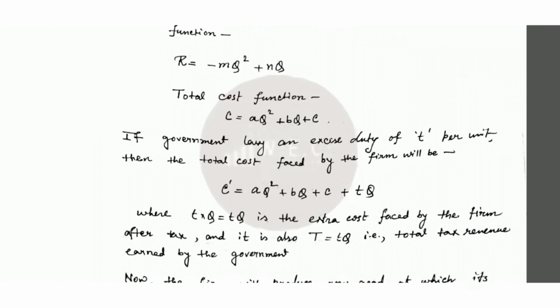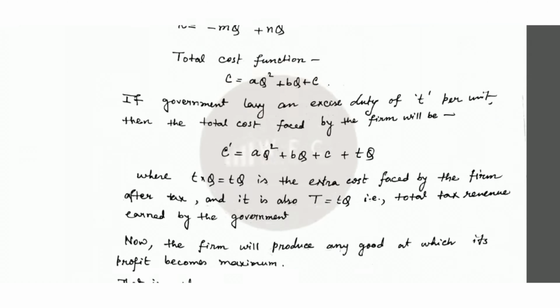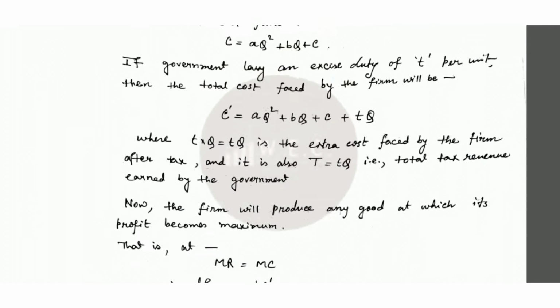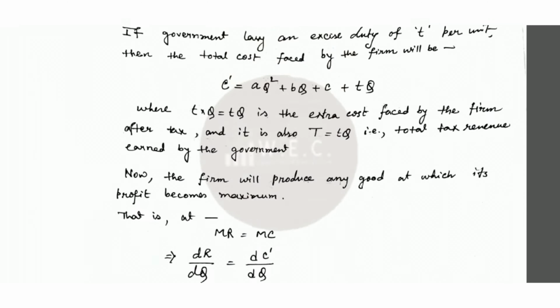Now, a firm produces a good at which its profit is maximized, and the profit maximization condition is MR equals MC. MR means marginal revenue and MC means marginal cost. Marginal revenue is the derivative of total revenue with respect to quantity, and marginal cost is the derivative of total cost with respect to quantity.